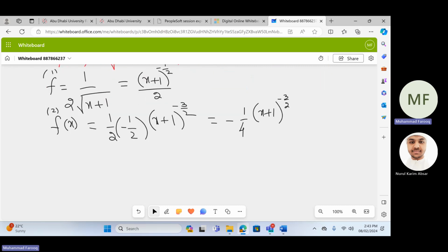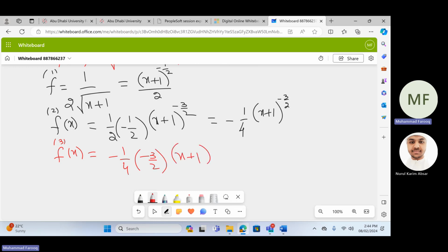Now, third derivative, please. For the third derivative, minus 1 by 4, then minus 3 by 2, x plus 1 raised to minus 3 by 2 minus 1, which is minus 5 by 2. Understand? You should also take the fourth. In an exam, if they ask you 4, please go for 4.